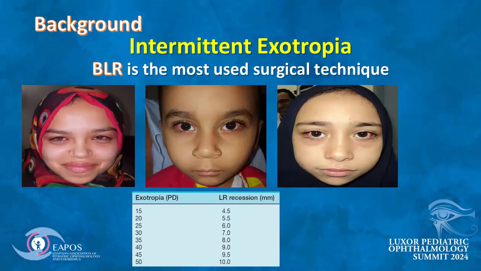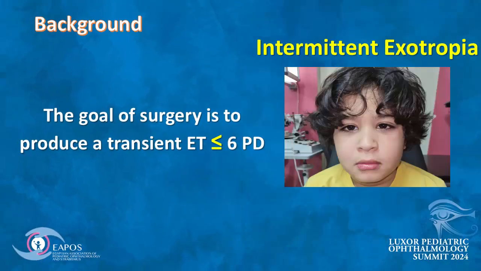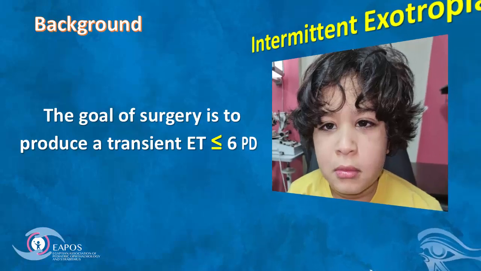We know that bilateral recession is the most used surgical technique in the treatment of intermittent exotropia. The goal of bilateral recession in intermittent exotropia is to leave a very small residual exotropia, not more than 6 prism diopters. This is considered a successful and promising result.